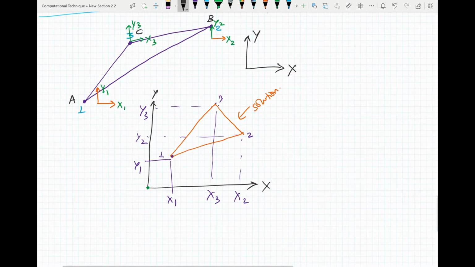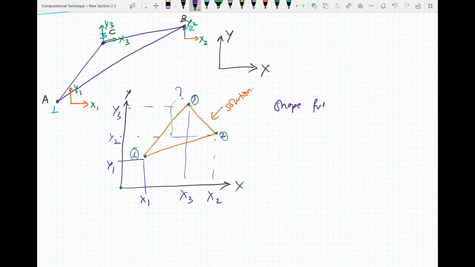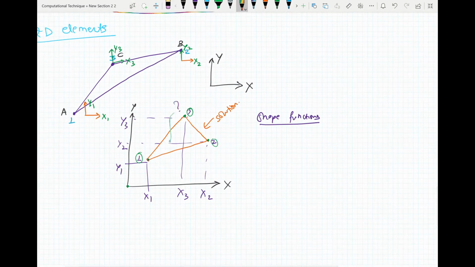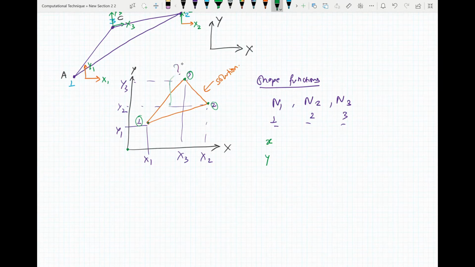The problem here is that we only know the displacements at 1, 2, and 3. But we would like to know the displacement at a point somewhere here. You're going to find this using shape functions. Since there are 3 nodes, there will be 3 shape functions. Let them be n1, n2, and n3 for our nodes 1, 2, and 3. This point, let it be O, (x, y). You want to solve for that.